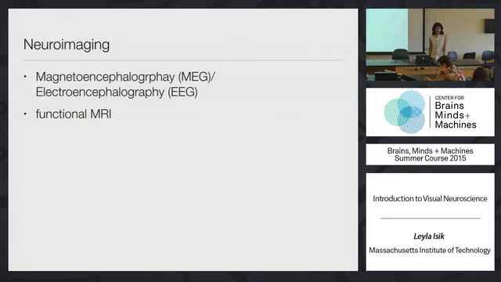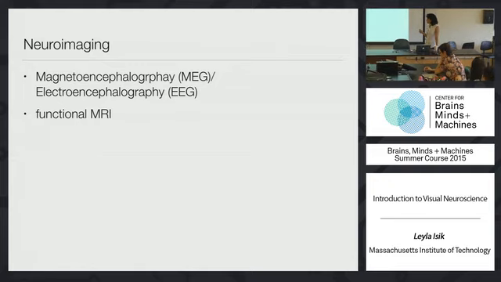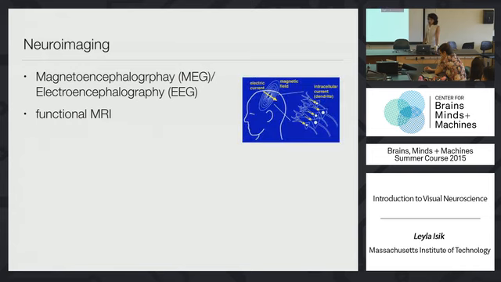And then what I and many other people in the center do is also neuroimaging. So this is non-invasive, often in humans, although people also do it in animals as well. And the main types you'll probably hear about at this course are MEG and EEG, which are very similar, and functional MRI. So when many neurons fire synchronously, so the neurons in your cortex have the nice property that they're all aligned in the same orientation.